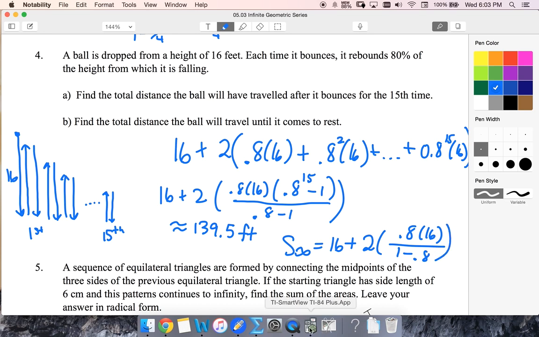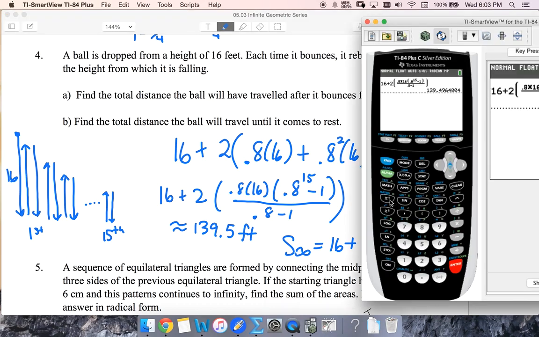All right, so putting this one in the calculator, 16 plus 2 times 0.8 over 1 minus 0.8. And I realize that I left off here times 16. Okay.